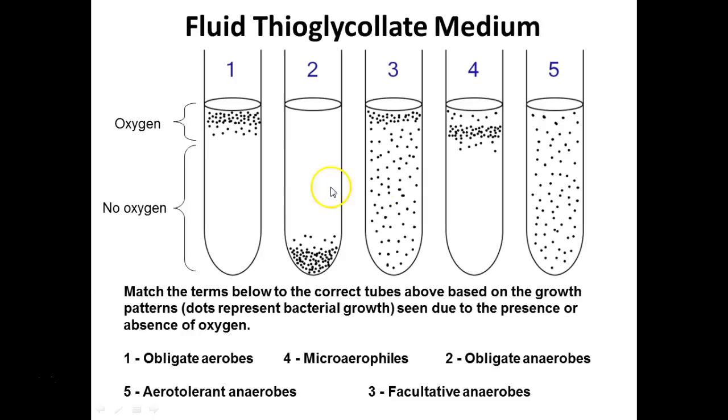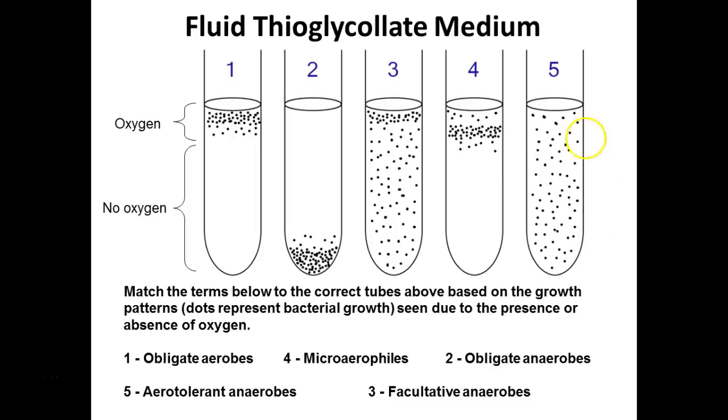No, the oxygen's going to kill it. Can we grow 3? Yeah, and it's going to grow really well, right? Because it's oxygen. Can we grow 4 in this room? Too much oxygen in this room, y'all. This is atmospheric levels. Too much. We'd kill them. Can we grow an aerotolerant anaerobe? Yeah, because, again, they can tolerate it.